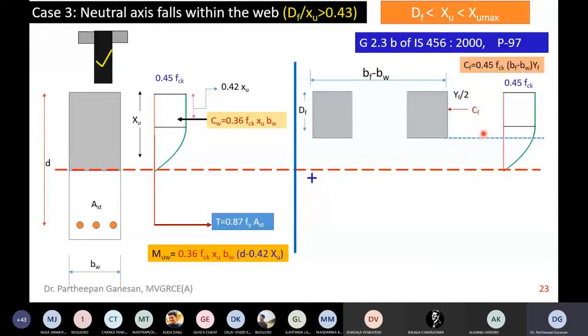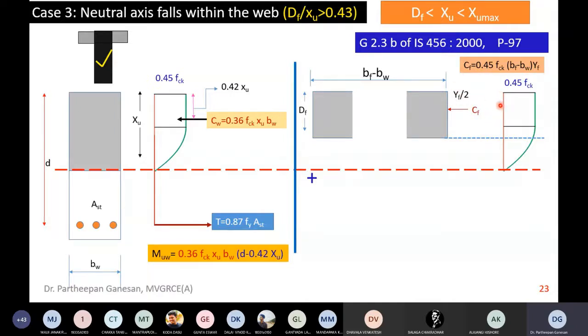Now what does it mean? I will explain Yf in a little while. But assume that the rectangular and parabolic portions can be taken as a rectangle alone to a depth of Yf.